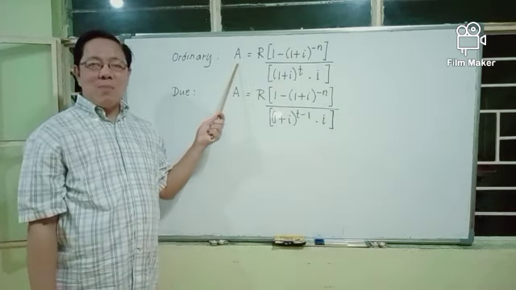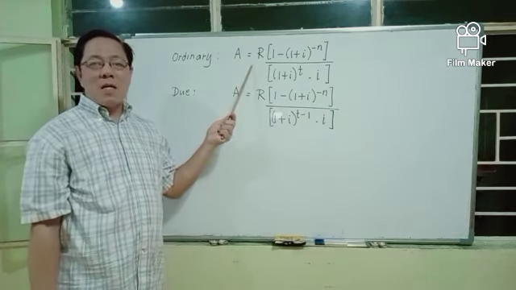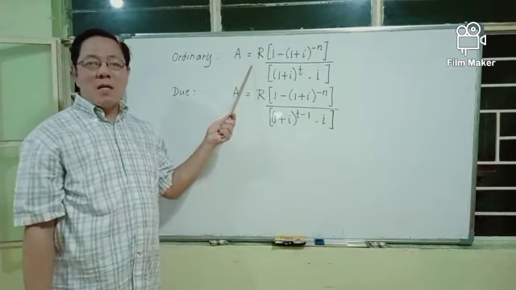Accumulated value denoted by A is equal to capital R, the regular payment, multiplied by quantity 1 minus quantity 1 plus i to the minus n, all over quantity 1 plus i to the power t times i. Here n is the number of regular payments, or the number of periodic intervals, or the number of periods. And i is the interest rate per period. And t is the number of periods that the payments will be deferred.